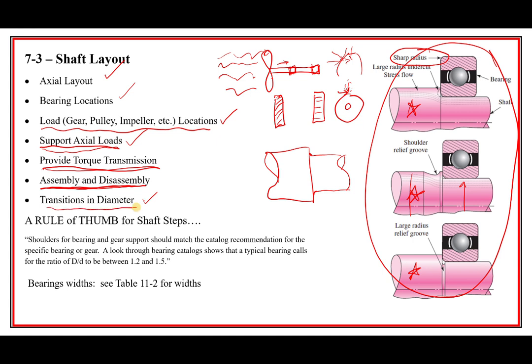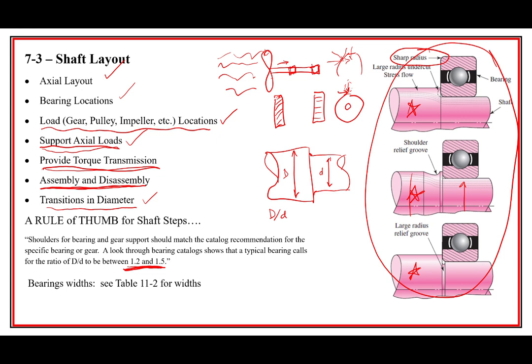Last, I'll come back to the diameters. This diameter and this diameter, there's only a range that makes sense. And the book gives us some amount of guidance here of what the D over d is going to be, right? So here's the big D, and this looks a lot like, and is related to, the stress concentration tables here.